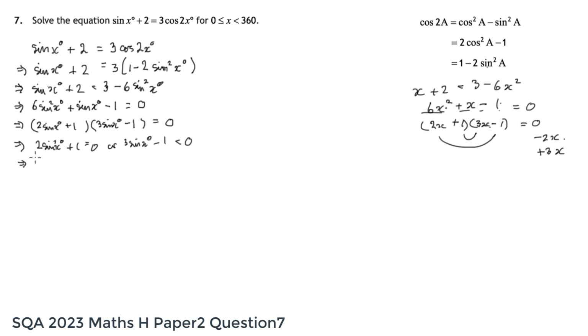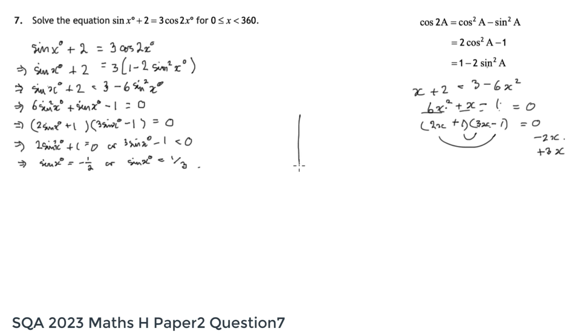So if the first one was true, we'd have 2 sine x would be minus 1, and therefore sine x at that stage would be negative 1 over 2, so negative 1/2. And if this was the case, 3 sine x would equal 1, and therefore sine x would be 1/3. So let's tackle the sine x equals negative 1/2.